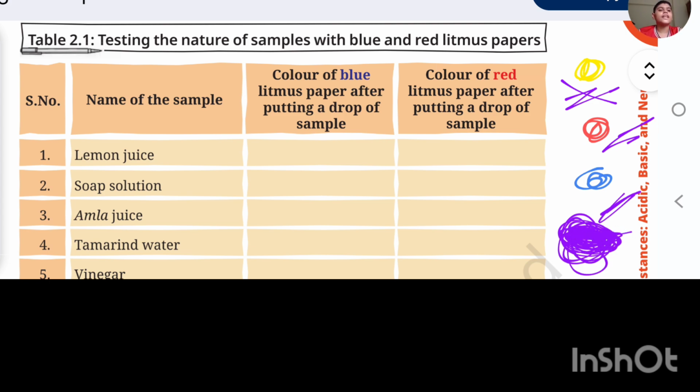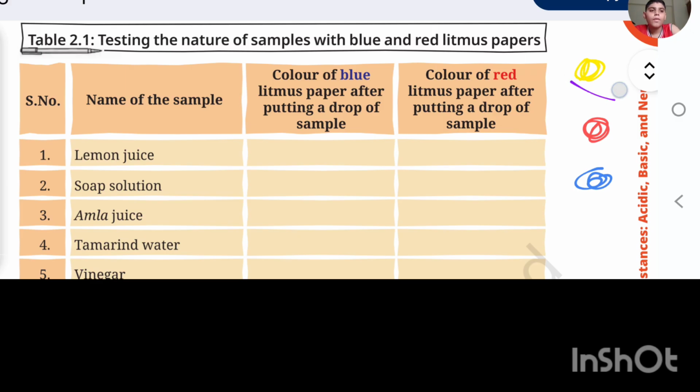Then it changes to red and blue when reacted with acid and base. So the litmus papers you get are reacted with acid and base to give red and blue. Okay, so shall I start the activity?